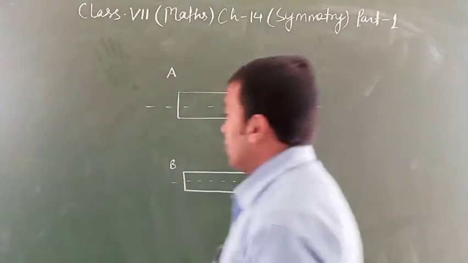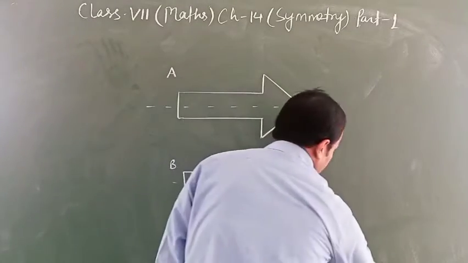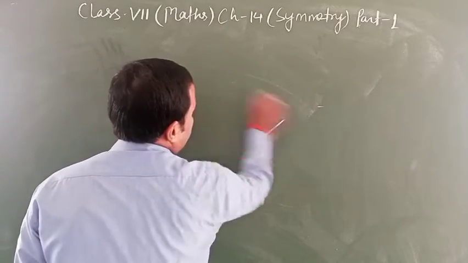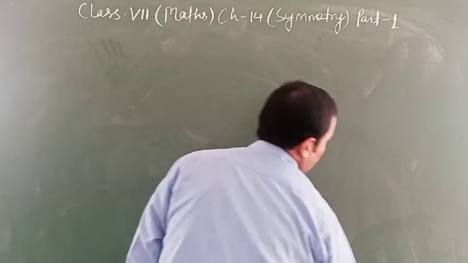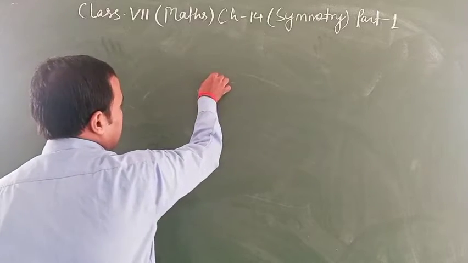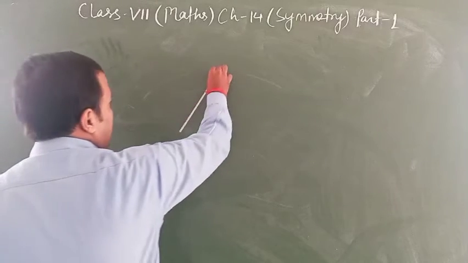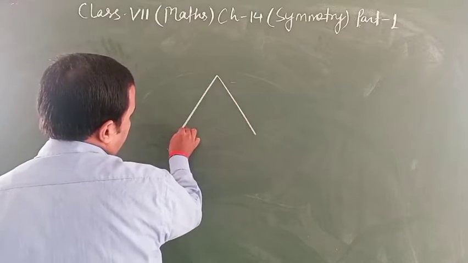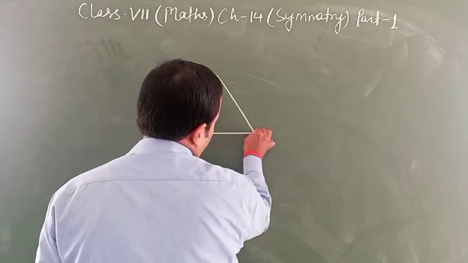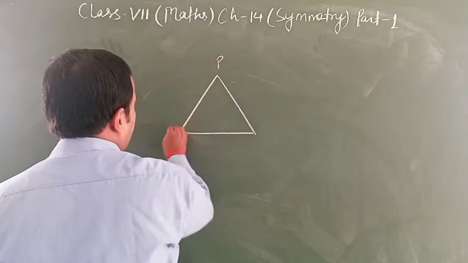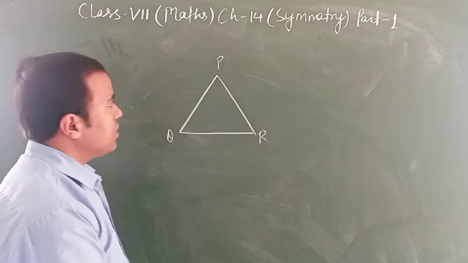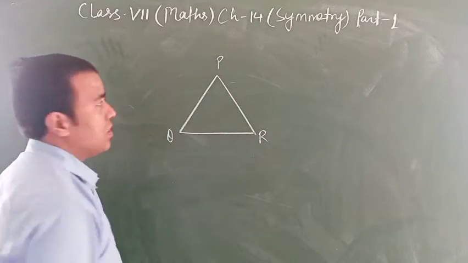Suppose we have taken one triangle, an equilateral triangle. Equilateral triangle means all sides of the triangle are equal, say PQR.